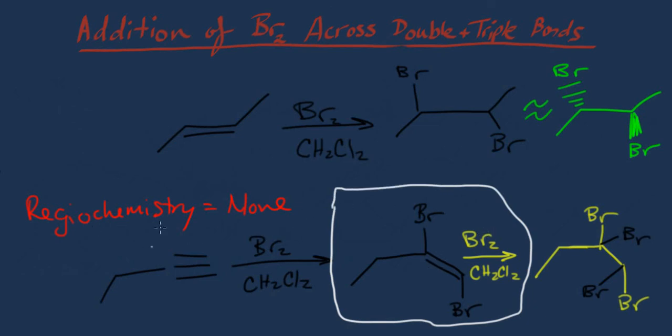Maybe you cool it, or you find the right time that you can stop the reaction, or maybe you just let it go and you separate it by distillation, or maybe you could do chromatography, or whatever it is that you're using to separate it. But this is just something to take into consideration if you plan to do this type of reaction with triple bonds.